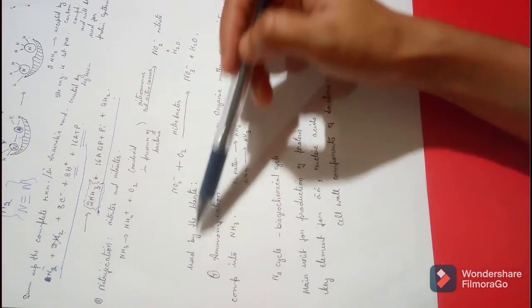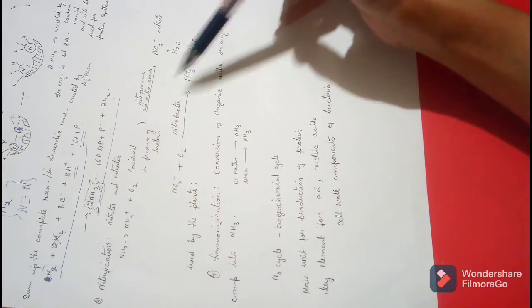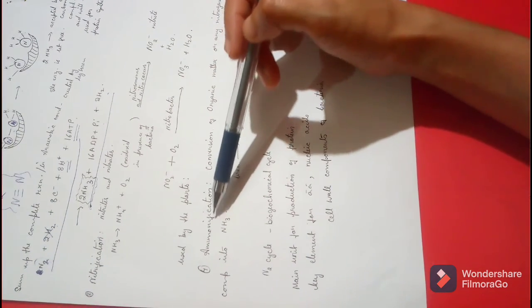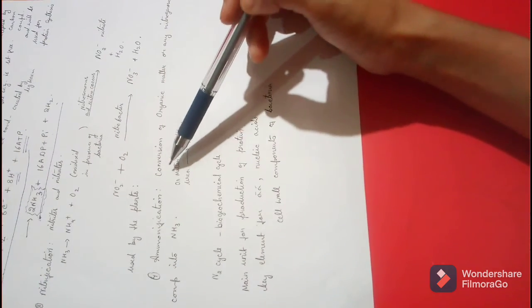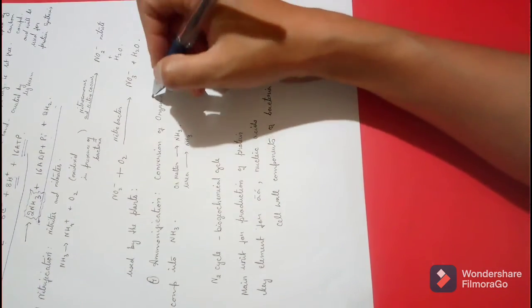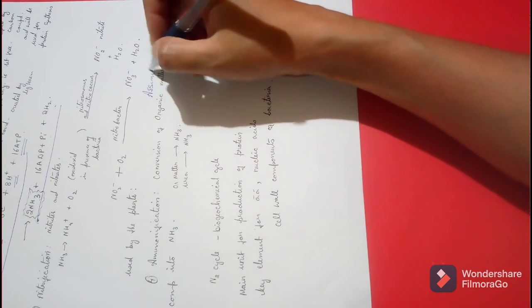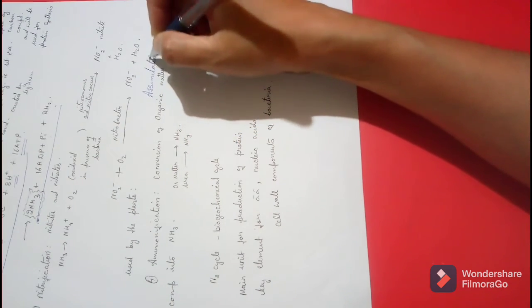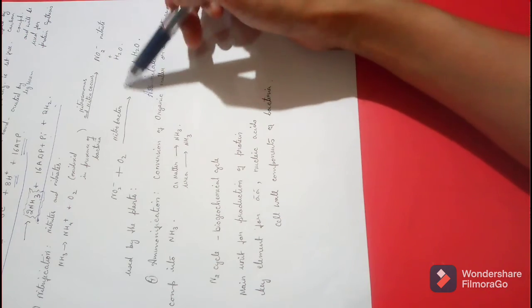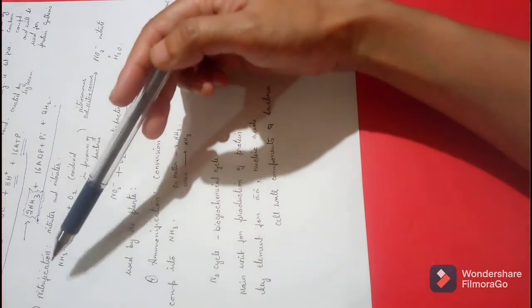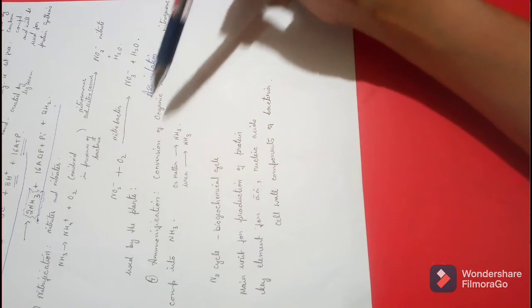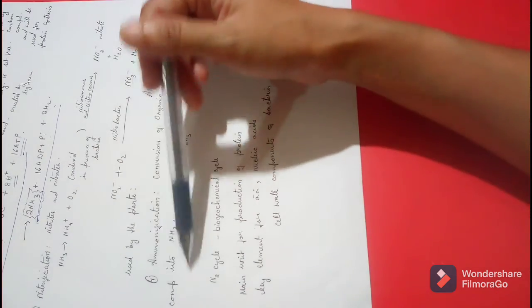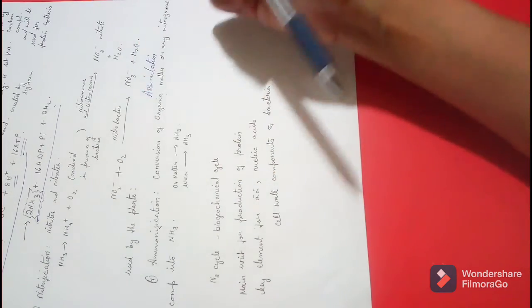So these nitrates will be used up by the plants in a process termed assimilation, where the plants use this nitrate. Another step in the nitrogen cycle is ammonification, that is the conversion of organic matter or any other nitrogenous compound present in the soil into ammonia.